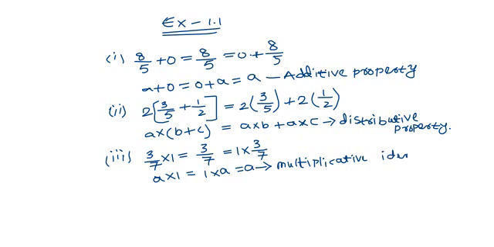Then the next question is also there. Now we'll go to the next page. After one more question they gave: minus 2 by 5 into 1 is equal to minus 2 by 5, which is equal to 1 into minus 2 by 5.